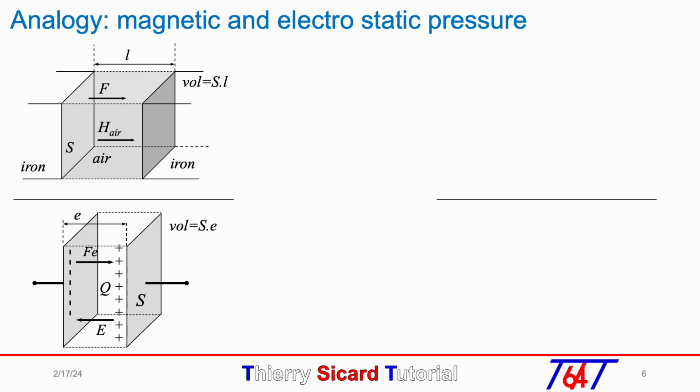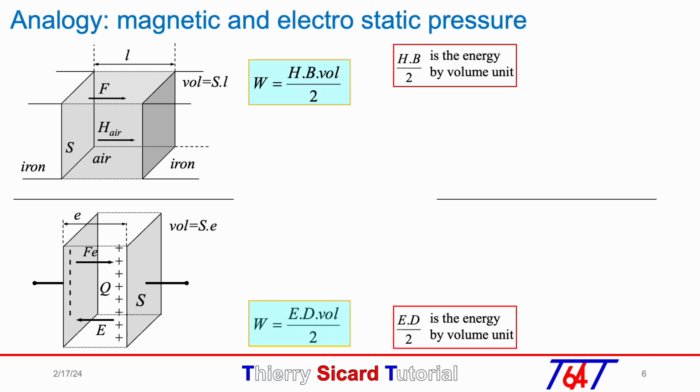Now we will calculate and compare the magnetic and electrostatic pressure between two capacitor plates and inside the magnetic air gap. In both cases, we can define a volume SE between plates or SL air gap volume. Based on the previous slide, we have energy by volume equal to half HB or half ED.